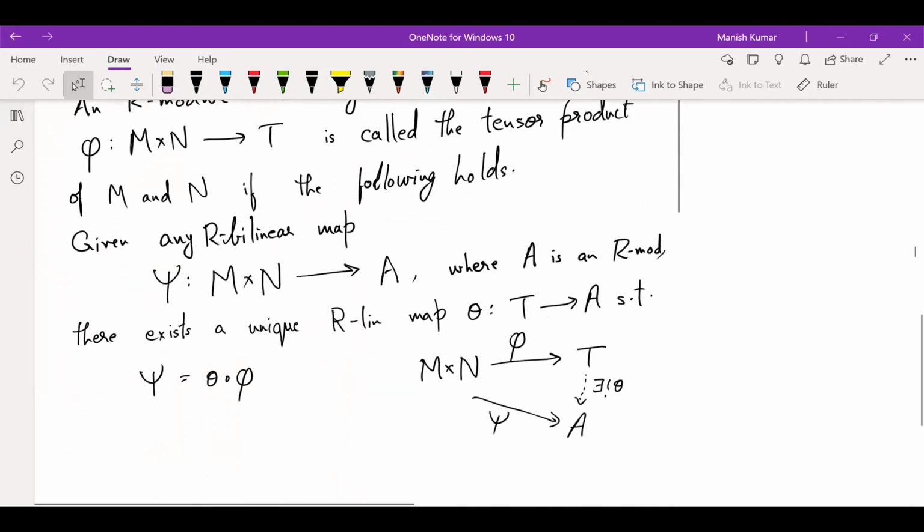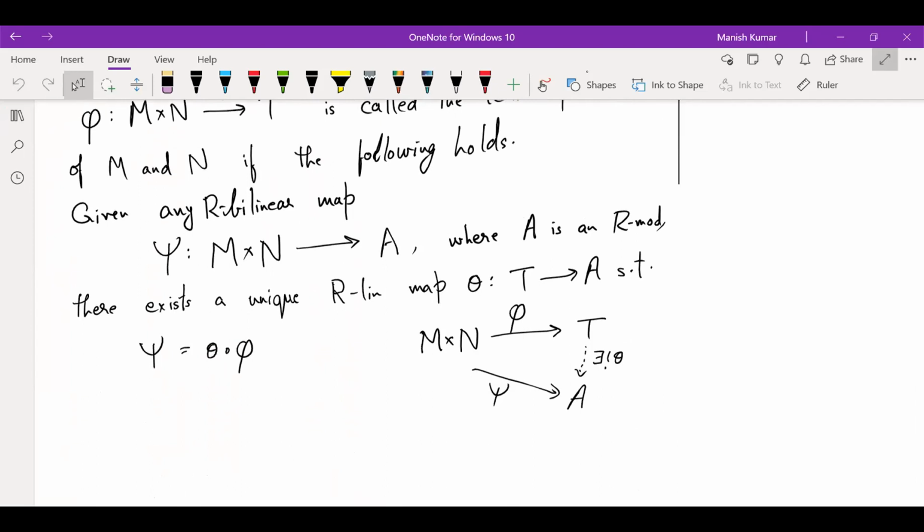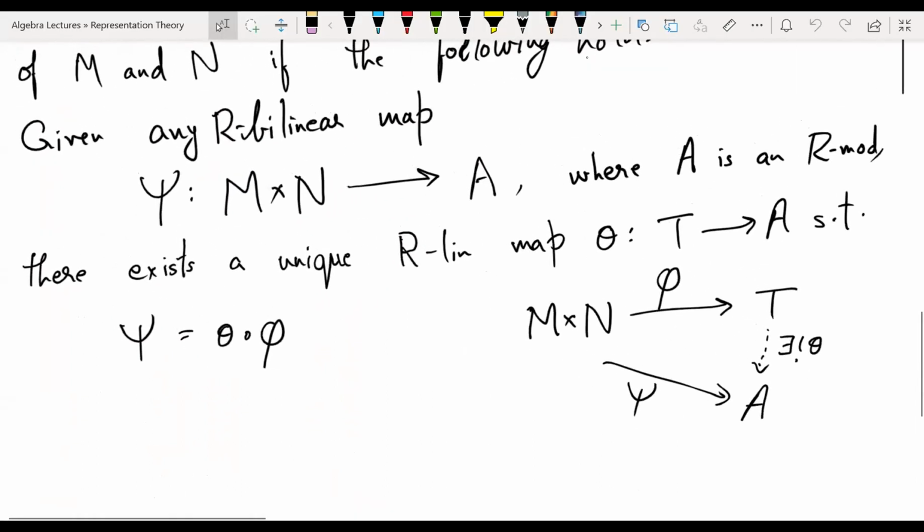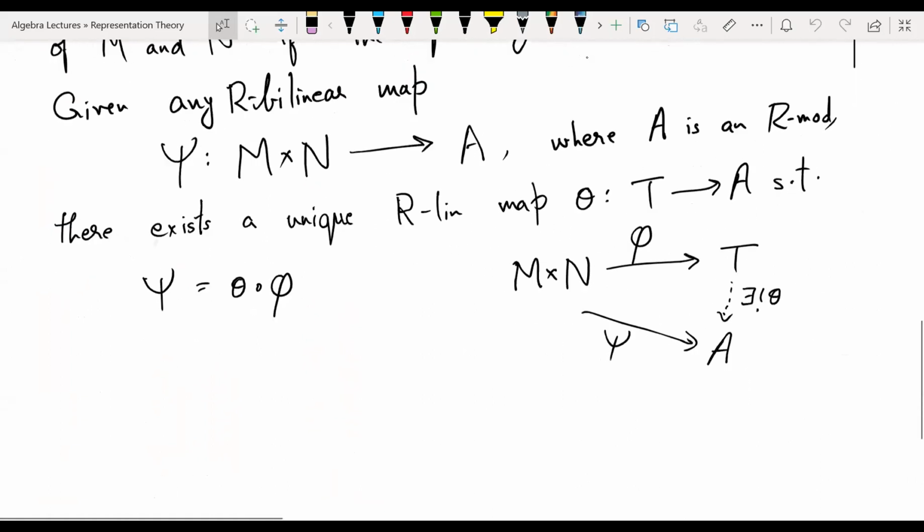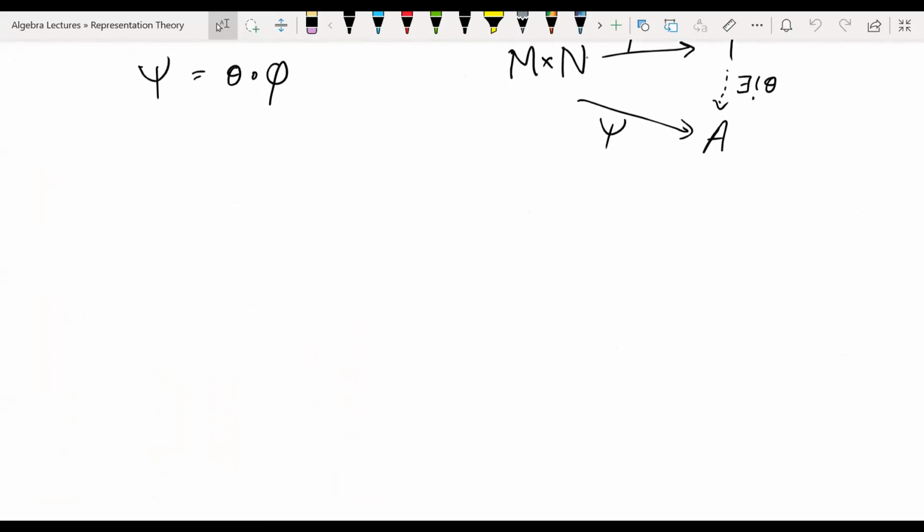I'll tell you what the tensor product of vector spaces is. So let V and W be finite dimensional K vector spaces.